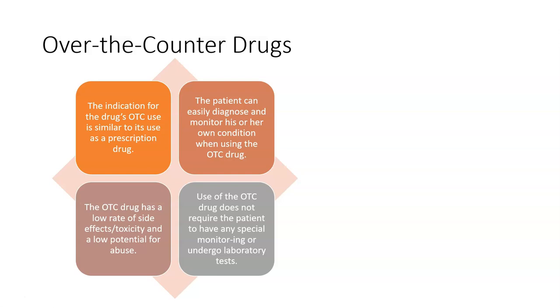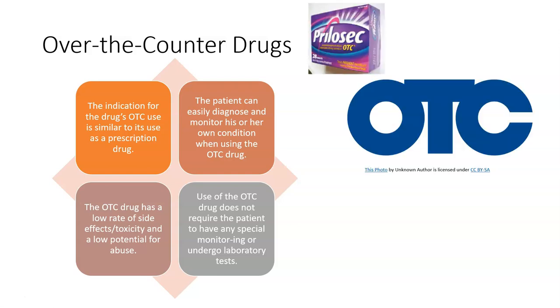Basically, they want to look at specific criteria, make sure that the indication is the same, the patient can easily diagnose and monitor his or her own condition when using the drug, and when the over-the-counter drug has a low rate of side effects or toxicity, and a low potential for abuse, and the use of the over-the-counter drug does not require the patient to have any special monitoring or undergoing any special laboratory tests. So all of these 4 things have to be considered before a drug is available over the counter.